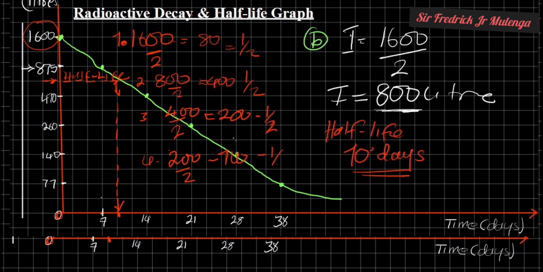As we are doing these points, this was decaying until it reaches 100. The last one was 77, so we can no longer go any further because the last decay was at 38 days. It was 77 there, so we can't go any further.